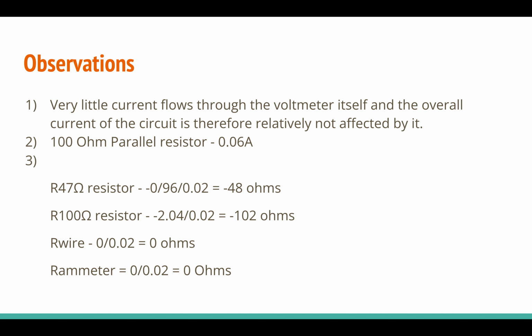And similarly, the resistance through the ammeter, since the difference in the current is 0, we again get a resistance of 0 ohms. Basically, the equation we used here was R is equal to I over V, or resistance is equal to current over voltage.